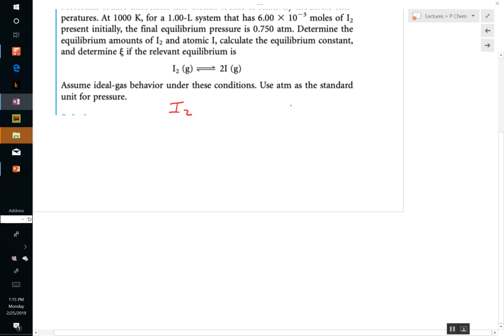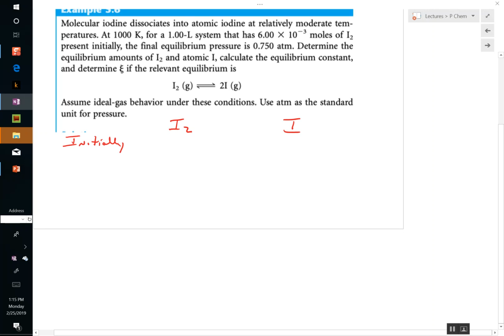Okay, so we got iodine, the molecule, and the atom. Initially, what do we have? We have 6.00 times 10 to the minus third moles, and we have 0 moles.